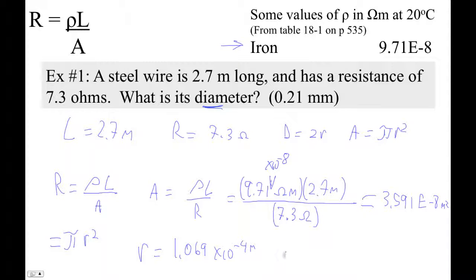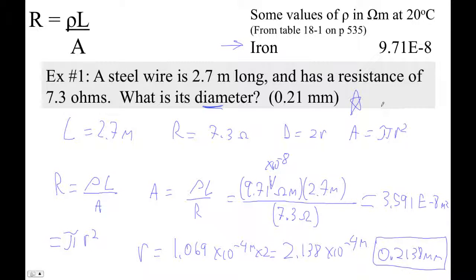And I get the diameter, twice the radius, is 2.138 times 10 to the minus 4th meters, or 0.2138 millimeters, because a millimeter is 10 to the minus 3rd. So it looks like we got the right answer.